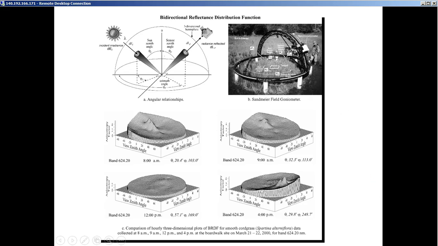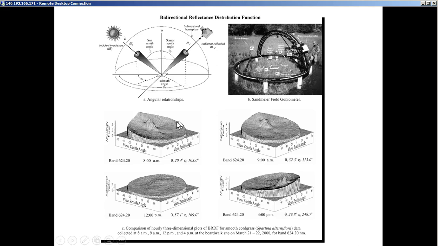And just to give you an example of how much this changes, just through a day, this is an image that shows us a field instrument. We don't have one of these at DePaul, but they're quite big and they're quite expensive. This is called a goniometer, a field goniometer, and what it does is it takes a three-dimensional scan of the reflectance of an area inside of a circle, which this would be centered on a pixel if we were doing this as a field operation in support of remote sensing.